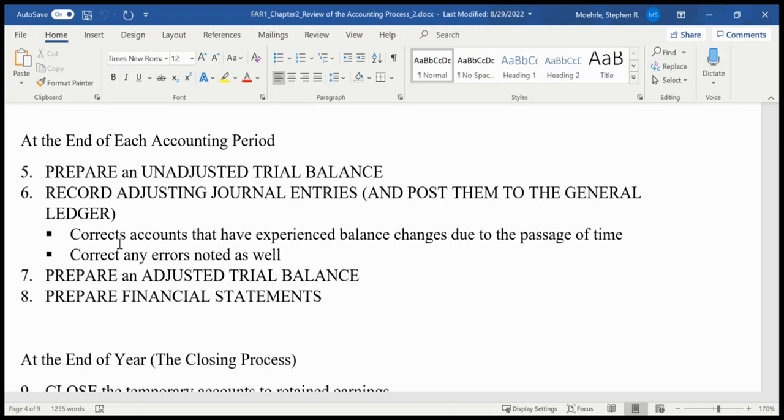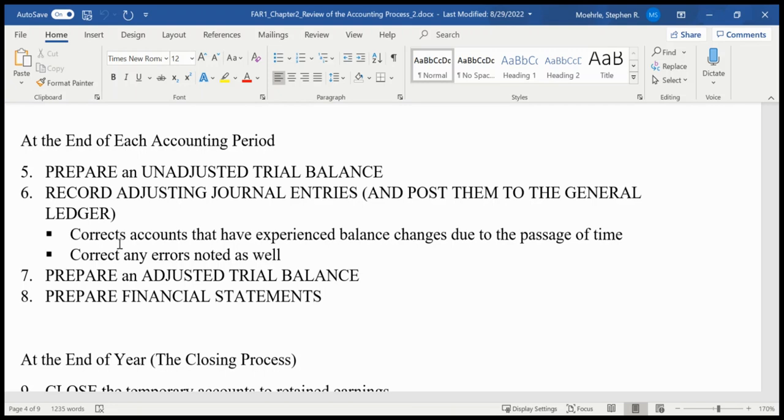Correct accounts that have experienced balance changes due to the passage of time. What does that mean? Well, some economic events occur, but we don't get an invoice for them. We don't have a sales transaction, but they are economic events nevertheless. An example is interest accruing on a loan.